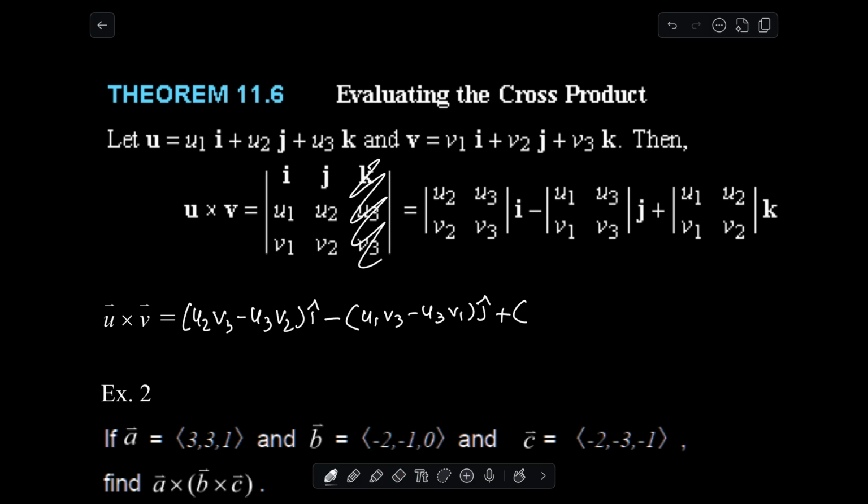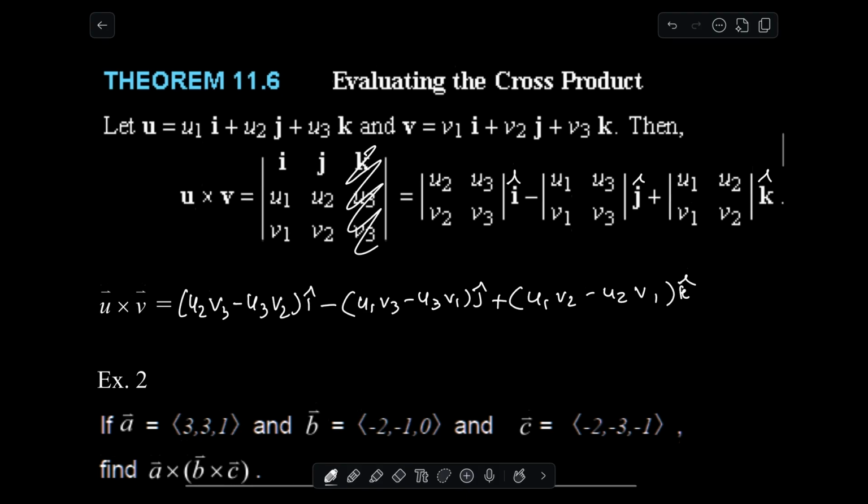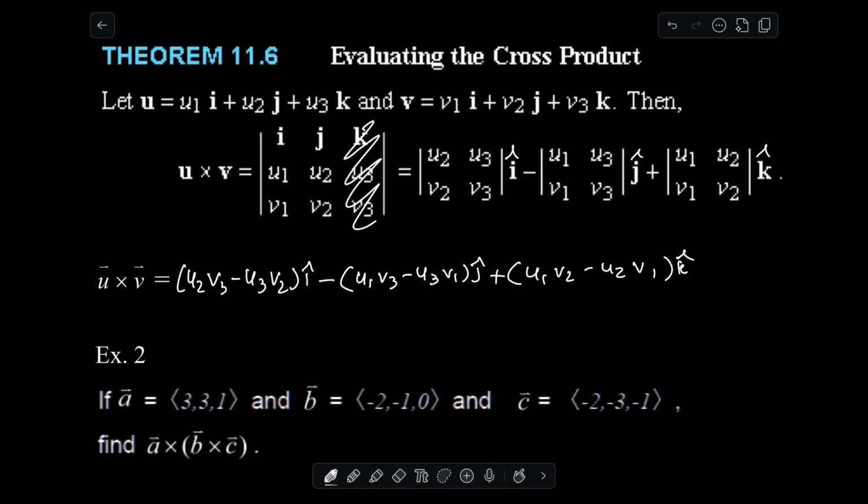Scribble over this, plus u1 v2 minus u2 v1 k hat. And these just represent, again, our unit vectors in each of the three Cartesian planes x, y, and z, right? And that's how you would solve for the cross product of the vectors, right?